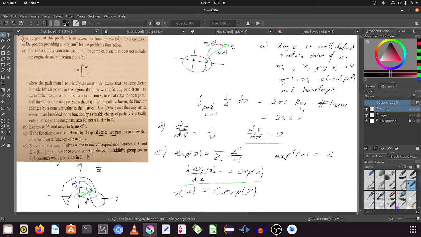Except it might be dense around 0, so every path will cross it an infinite number of times. That means that this path doesn't necessarily exist.